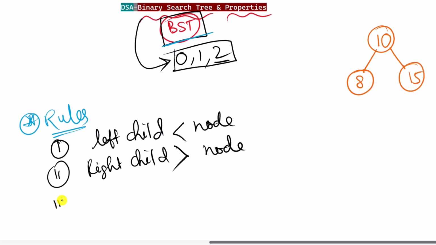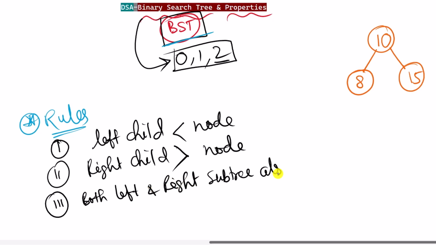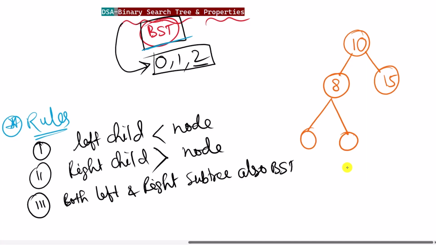And rule number 3 is that both the left and the right subtree also have to be BSTs. So in our tree, suppose we have the left subtree with a bunch of nodes and also a right subtree with a bunch of nodes. Both of these subtrees must follow these 2 rules.